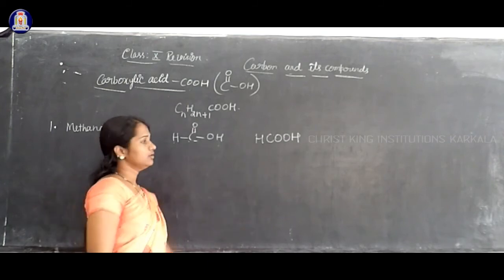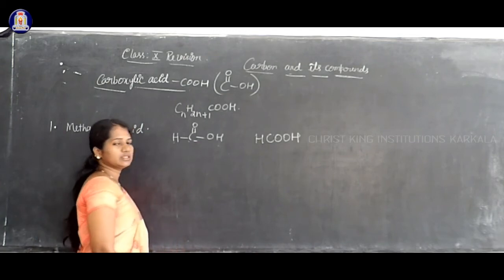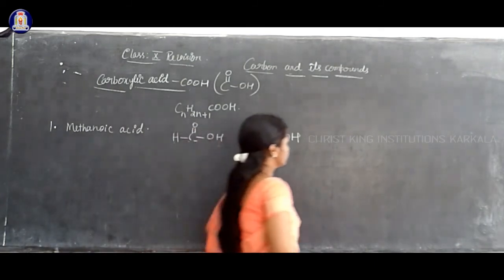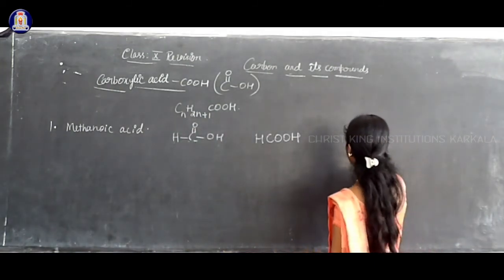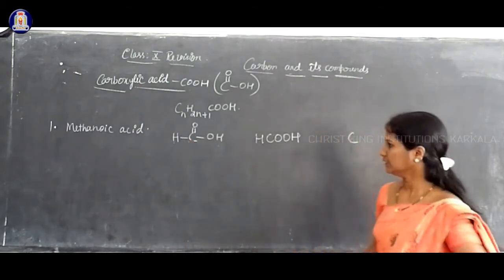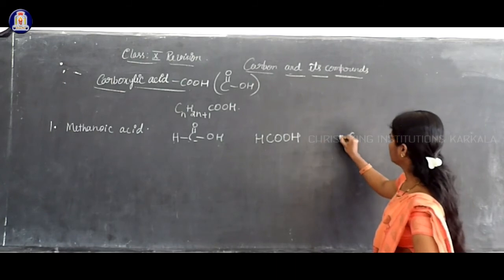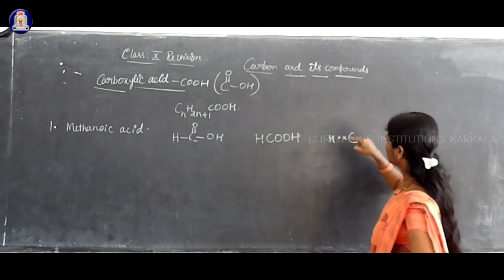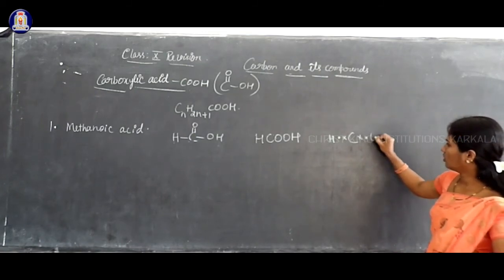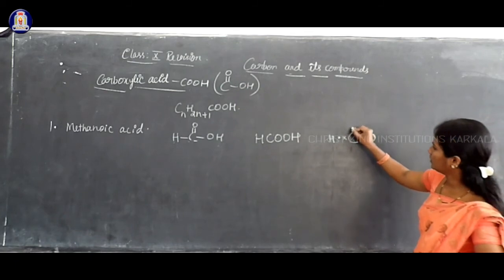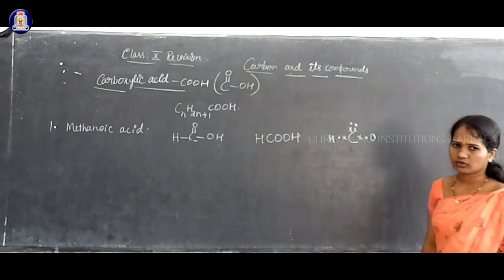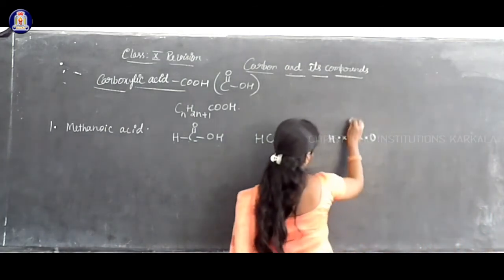Now we will write the electron dot structure of this methanoic acid. How to write electron dot structure? See here, only one carbon atom, here single bond. So that single bond can be written as into dot H. Here single bond into dot with oxygen. This double bond I complete, 2 into 2 dot, that means 2 pairs of electrons. Oxygen has 6 electrons.